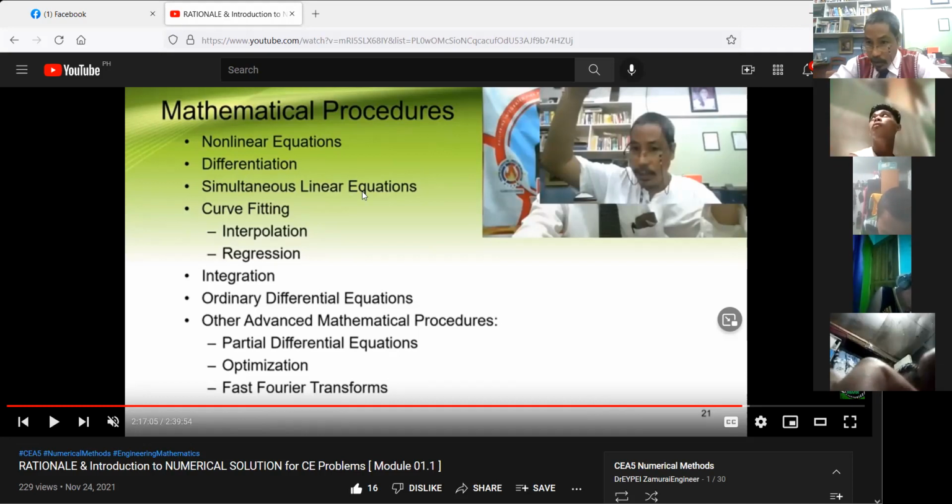Simultaneous linear equations, this is chapter 4, and that is our next chapter. Maybe we'll start next week. Curve fitting, we have interpolation. It is under my coverage, the interpolation. So please take note of that. During curve fitting, I will have another example or 2. We will not go into it in such detail.